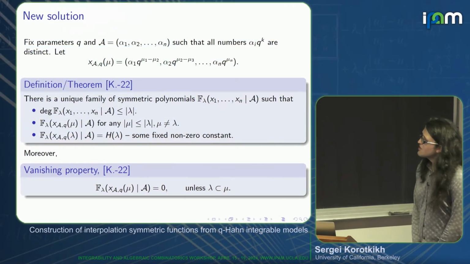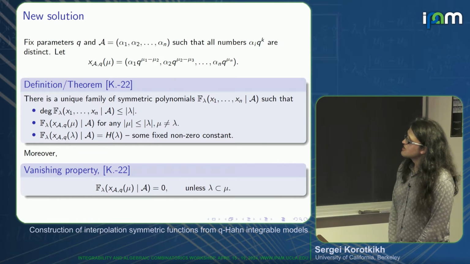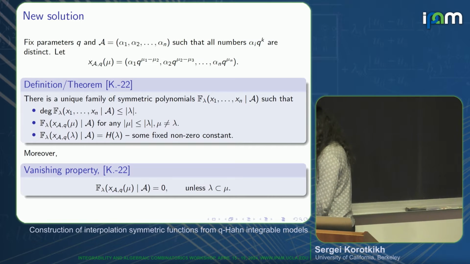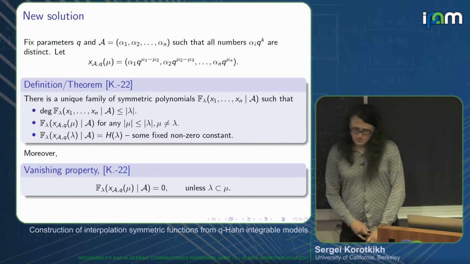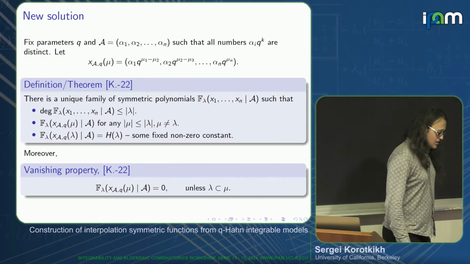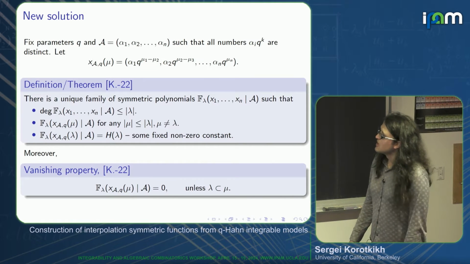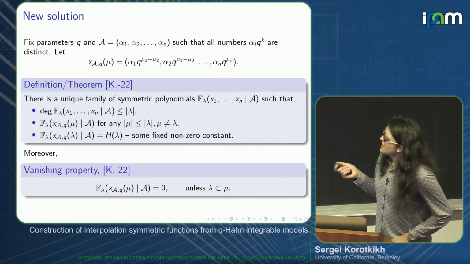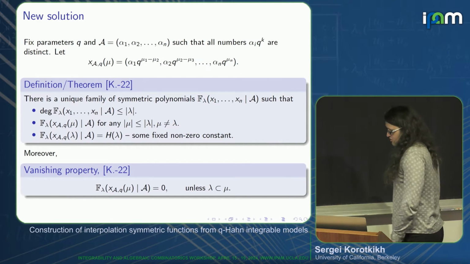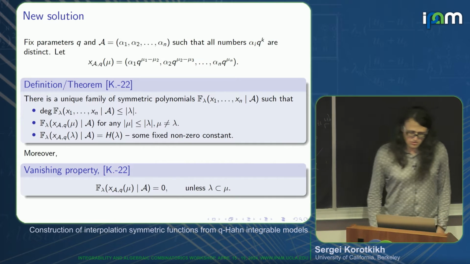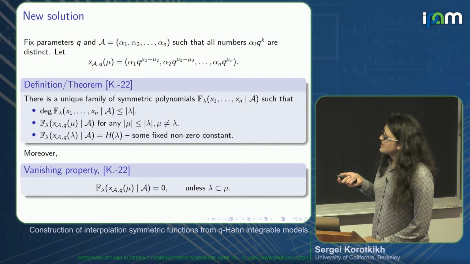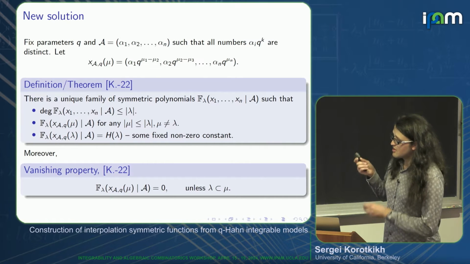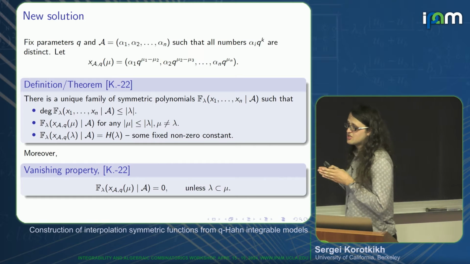For this other solution, let's again take some parameter q and parameters alpha, which I will assume have all possible ratios not integer powers of q. Then I will consider a set of points where the parameters alpha still track the order of the coordinate, but the powers of q track not the parts of my partition mu, but instead the differences between parts of my partition.